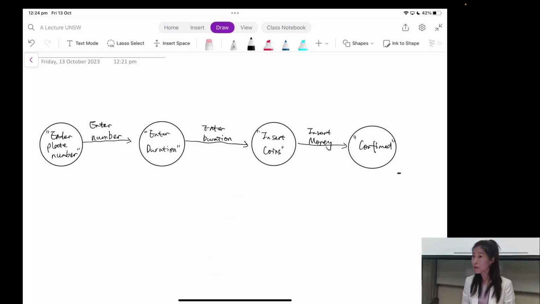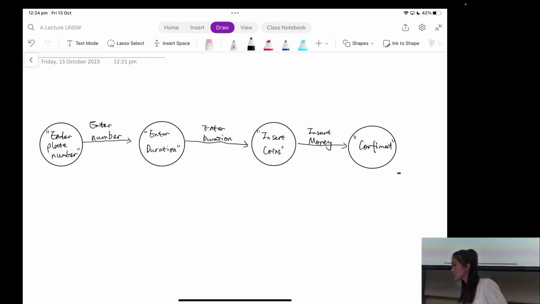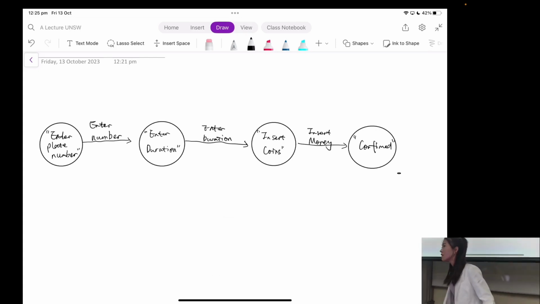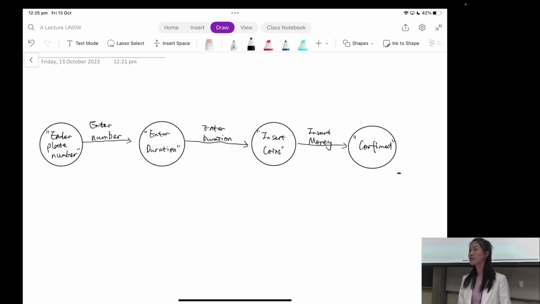If you are my team member, are you going to give me any feedback on my conceptual modeling? Am I capturing all the potential states of this parking meter? Is there anything that I missed or forgot to consider? We are a team now, designing a parking meter.